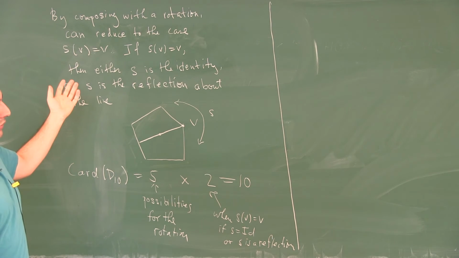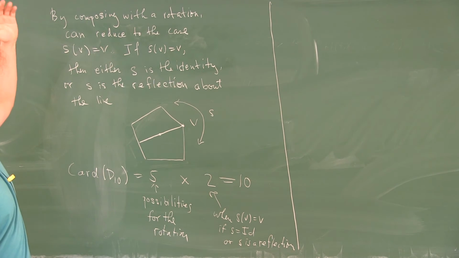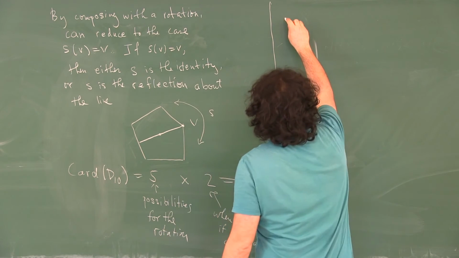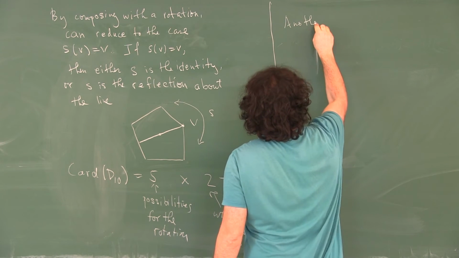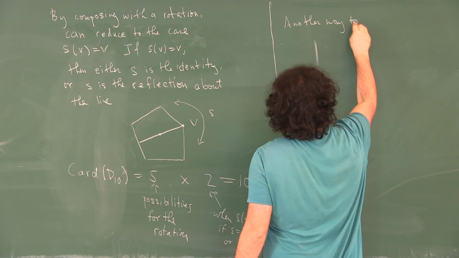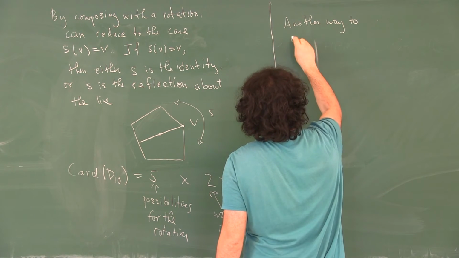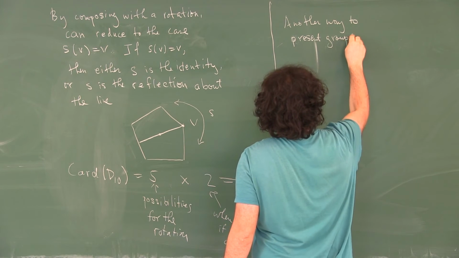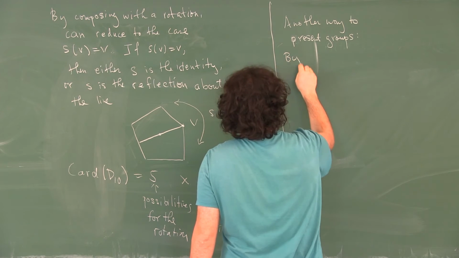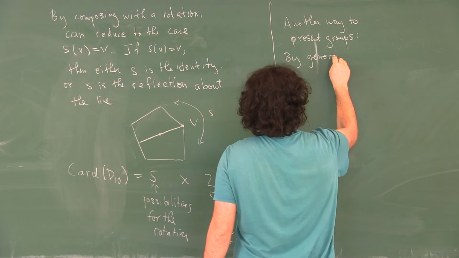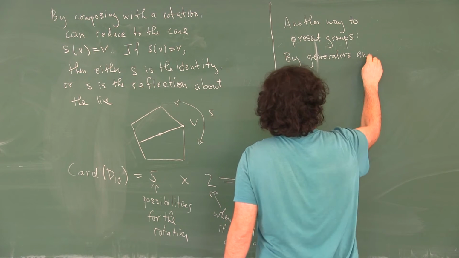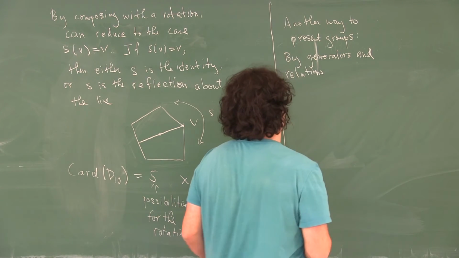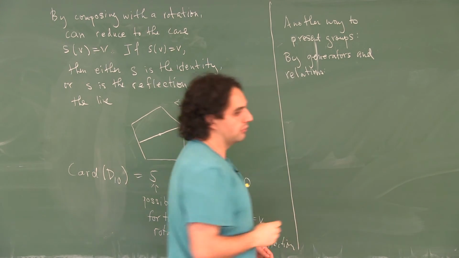Now there is another way to think about it, which gets at another way of giving a group. Another way to present groups is by generators and relations. So what do I mean here?